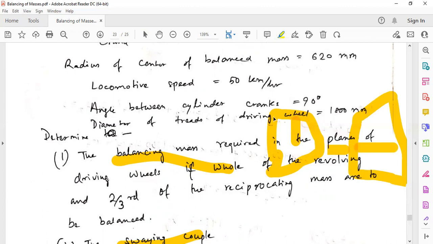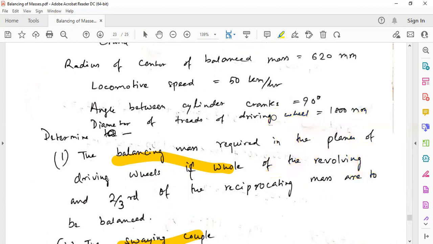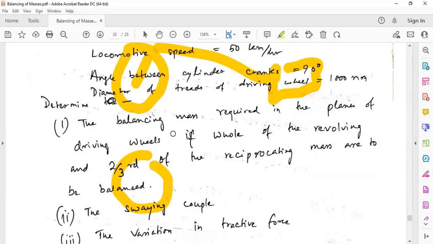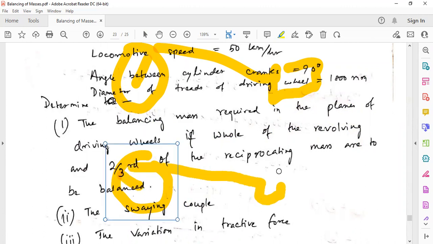Let me show you in this manner. Suppose it's an IC engine, and this is one crank. So this crank is here. This is the position for the first cylinder, and for the next one the crank will be here, because then only the gap between these two is 90 degrees.